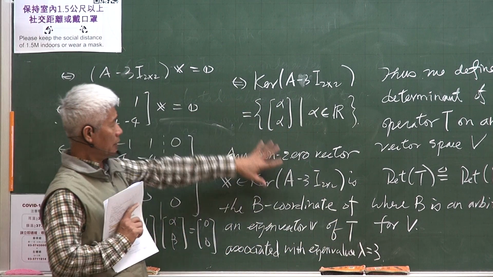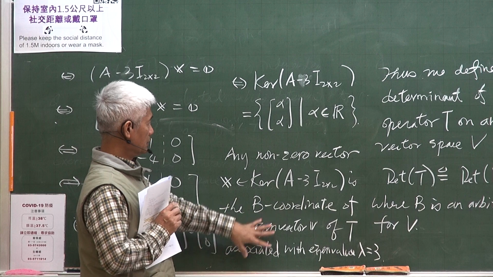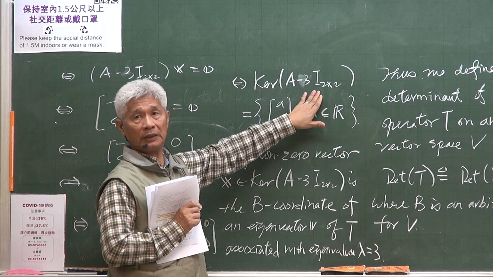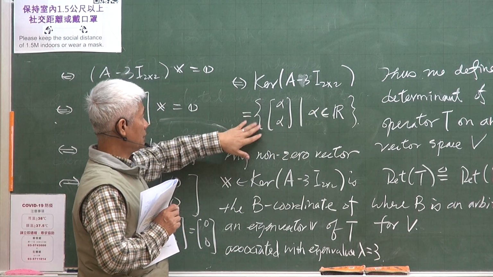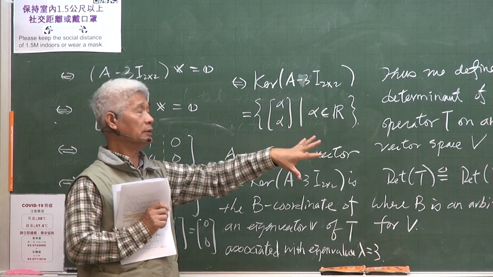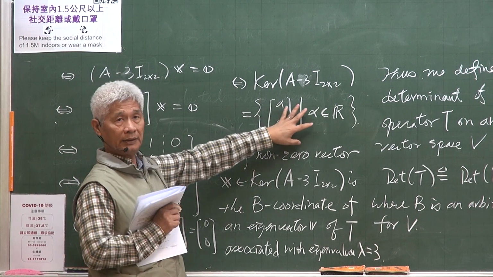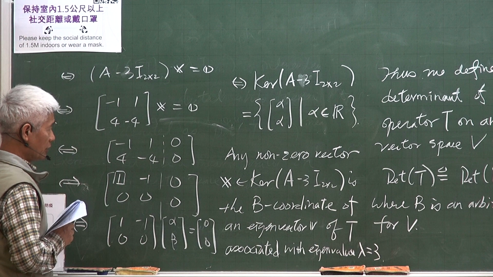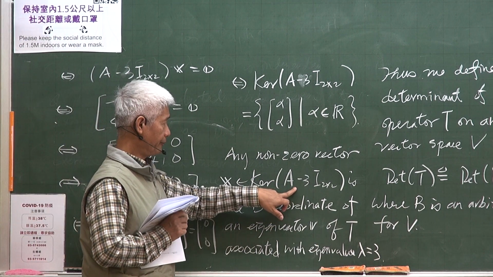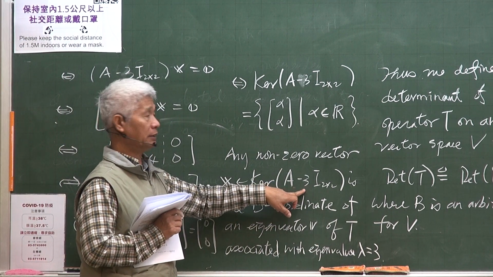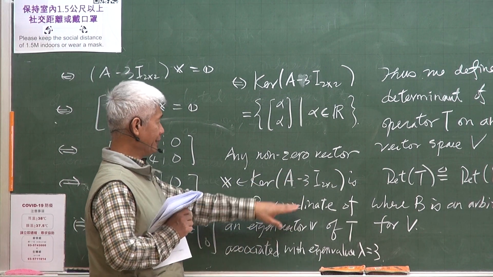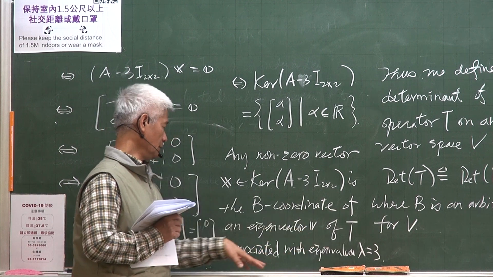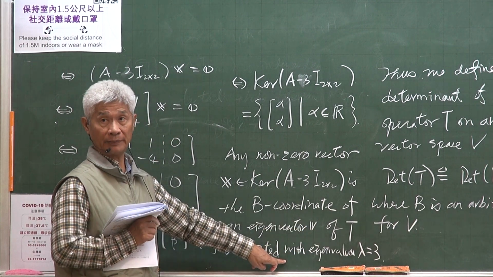So actually the kernel of the matrix representation A minus 3I consists of vectors where any non-zero vector in the kernel is an eigenvector of the matrix A corresponding to eigenvalue 3. And it's the B coordinate of an eigenvector of T associated with eigenvalue 3.